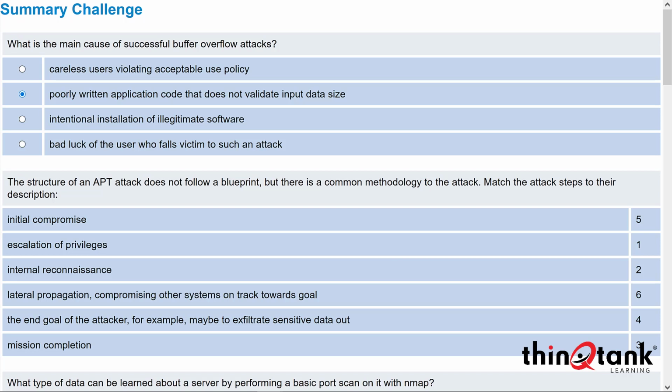Then we would do internal reconnaissance. And then we would do lateral propagation, compromising other systems to track towards our goal. The end goal of the attacker could be to exfiltrate sensitive information, and the mission is complete. So even though the numbers aren't right on the right side, the order of the descriptions is exactly the order they should be.